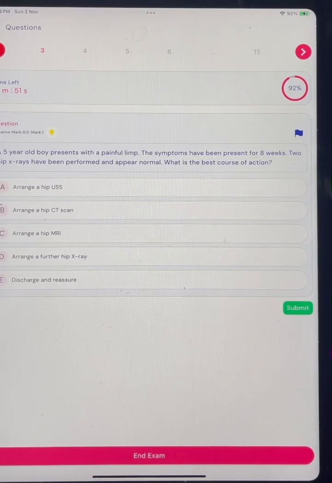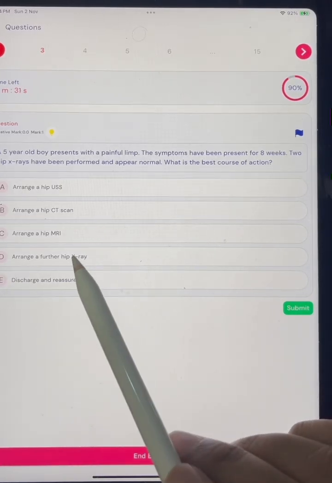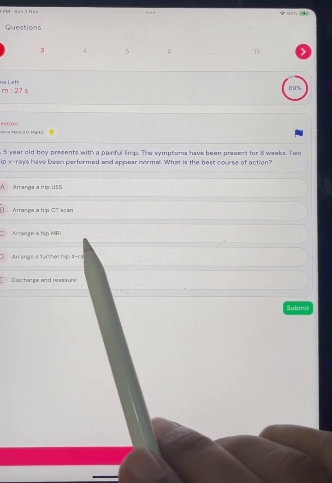So maybe this is septic arthritis. X-ray has been performed which appears normal. So you need some investigation, whether to arrange a further hip x-ray or MRI in a 5-year-old baby. Lab investigation, aspiration, nothing is given. For the joint, CT scan exposure will be very high. Let us see MRI.